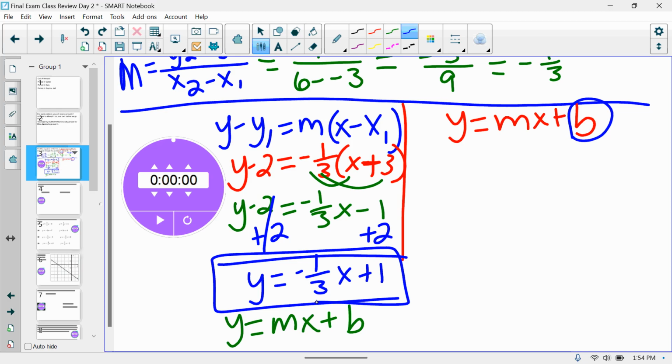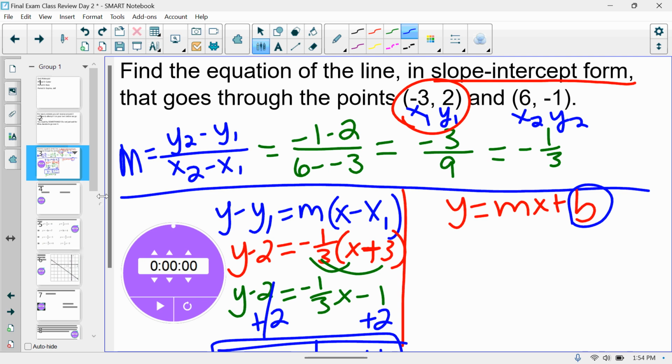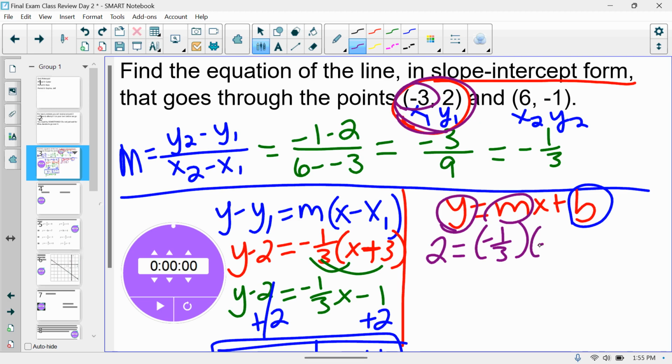Again, I think most of you probably did it that way. But there is another way you can do it. You don't have to use point-slope form. We could use slope-intercept form and use that same point: fill in the 2 where the y is, fill in our slope for m, and the -3 where the x is, and then b will be the only thing missing.